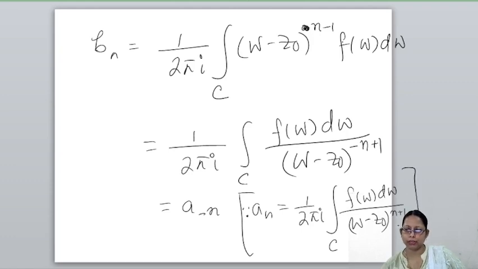When it is n, we have an. When it is minus n, we have a with suffix minus n. So bn is equal to a minus n.